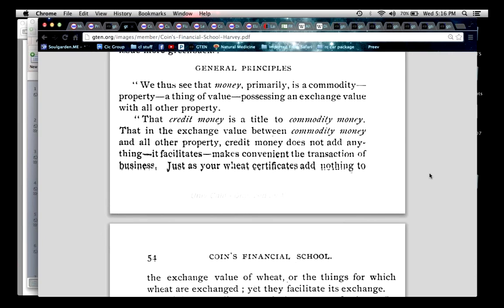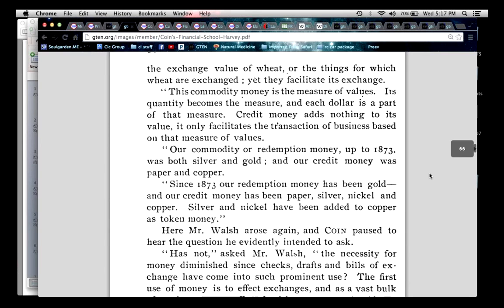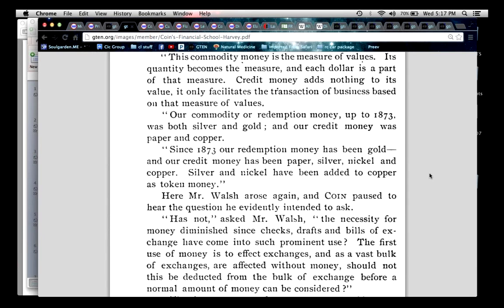Just as your wheat certificates add nothing to the exchange value of wheat or the things for which wheat are exchanged, yet they facilitate its exchange. This commodity money is the measure of values. Its quantity becomes the measure, and each dollar is a part of that measure. Credit money adds nothing to its value. It only facilitates the transaction of business based on the measures of values.